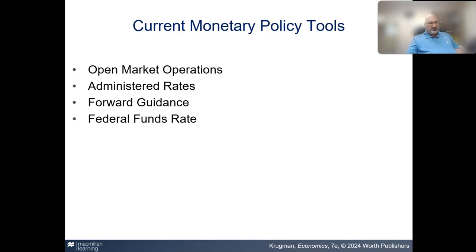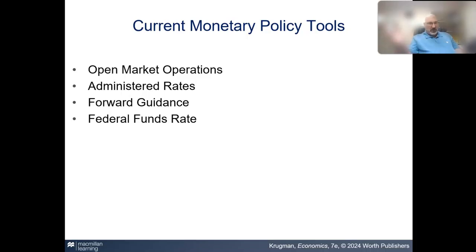Forward guidance. If you've ever listened to the Fed when they have their talks every quarter, they will say something like, we are cutting the discount rate, or we're cutting the rate by 25 basis points. 25 basis points just means 0.25%.